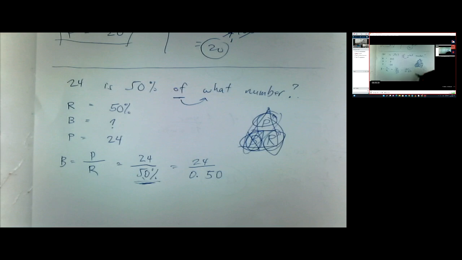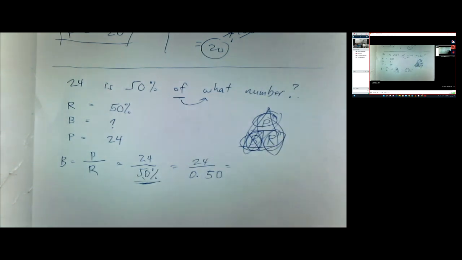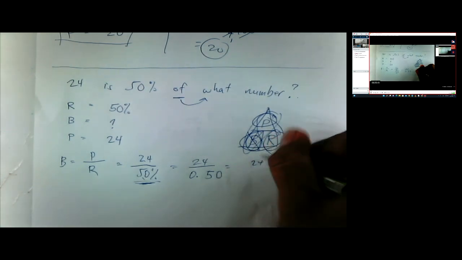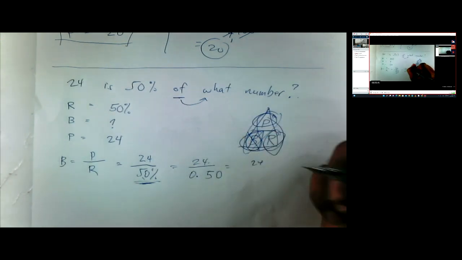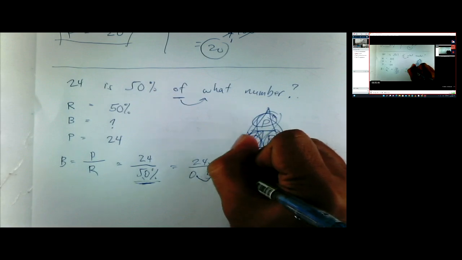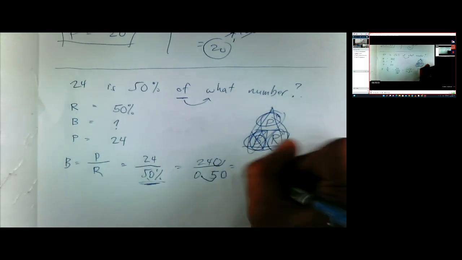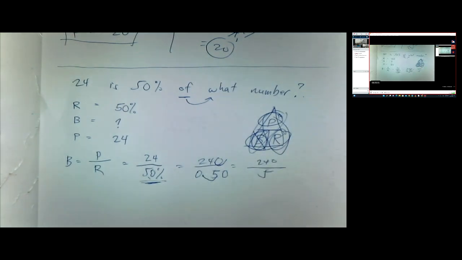Now let's solve. What is 24 divided by 0.5? The decimal point of a whole number is at the end, right? If you move this one by 1, you're also going to move this by 1, and you're just going to add a 0. So you will have 240 over 5.